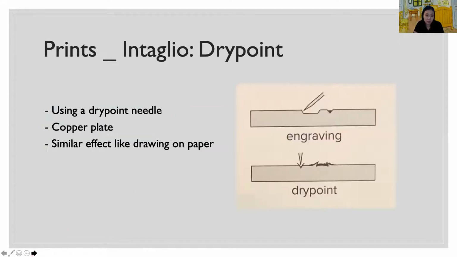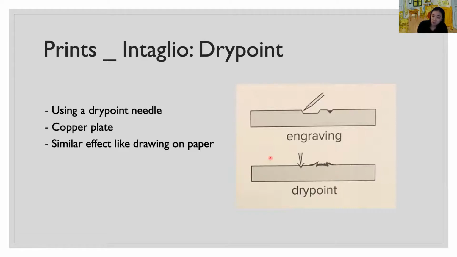So let's see dry point first. The dry point intaglio technique is similar to wood engraving, except the cutting instrument used is a dry point needle. So this is a needle. An artist draws on the plate, usually a copper plate, almost as freely as one can draw on paper with a pencil.